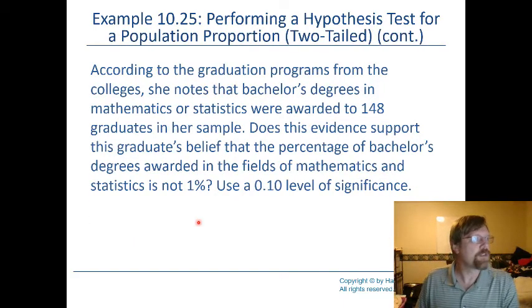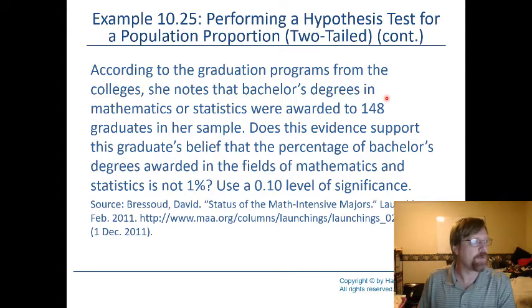She found that there were 148 math or statistics graduates in her sample. Let's go ahead and pull the source up. At a 0.1 level of significance, does this agree with the published 1%?